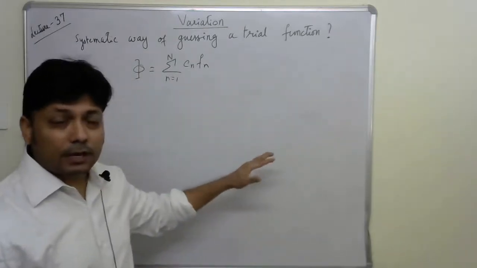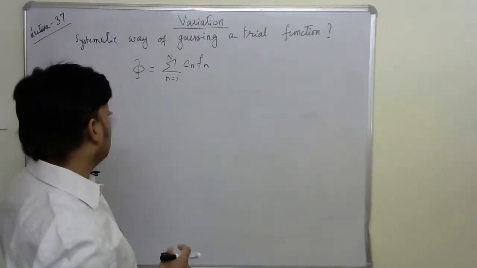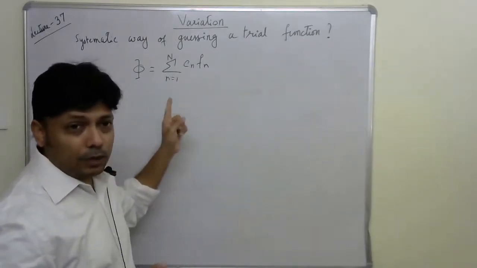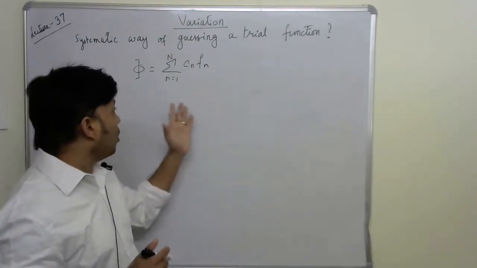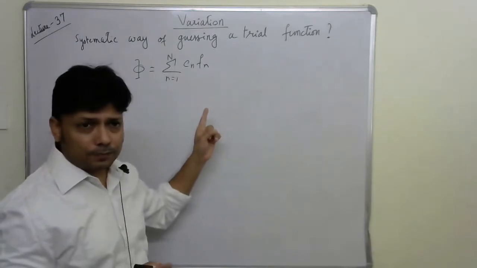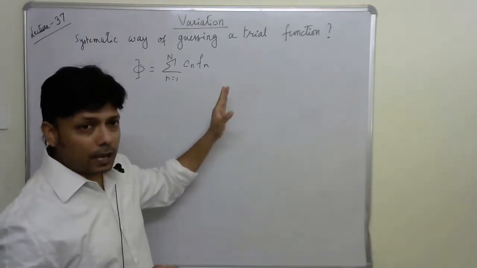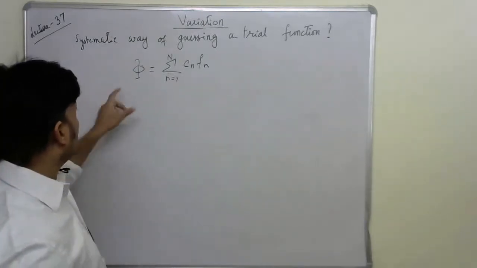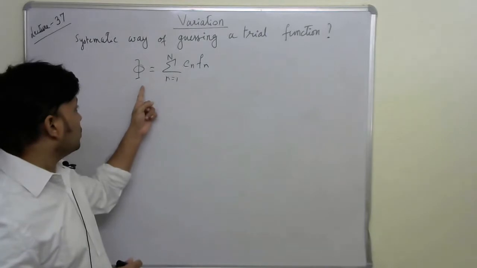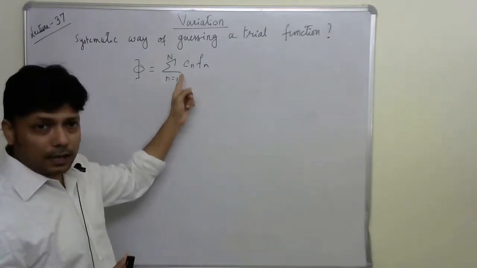From the example that we just looked at, we can guess that we can take a summation, or basically a linear combination, of some suitable, well-behaved, acceptable wave functions. So here the trial function must be a summation of c_n f_n.